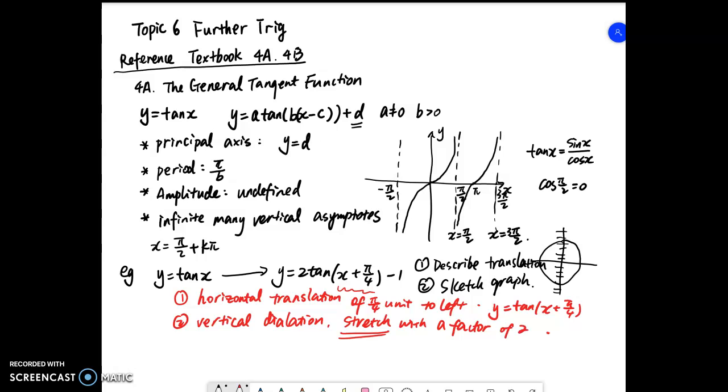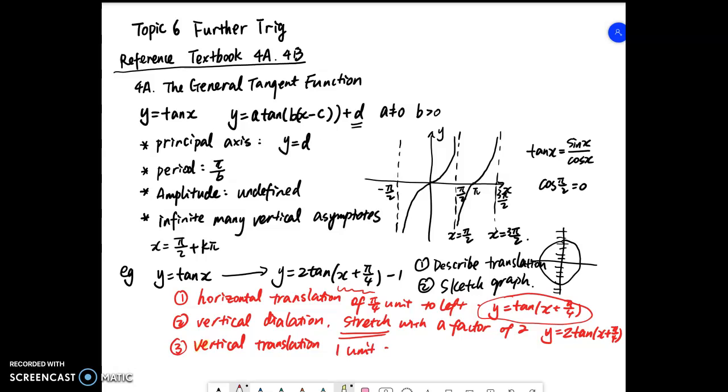Remember, all the transformations are based on the previous step. If my previous step is this, then another dilation will become 2 tan(x + pi on 4). The last step is a vertical translation.